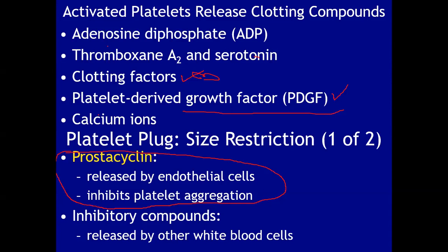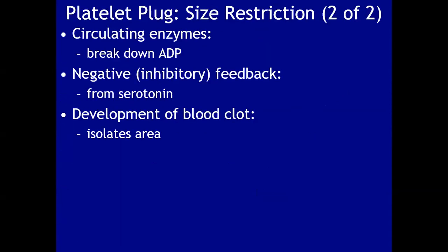Okay, and like the prostacyclin that's released, there are some other inhibitory chemicals that can be released by the white blood cells that are there that says once we get it where we're not losing any more blood, we need to stop this.